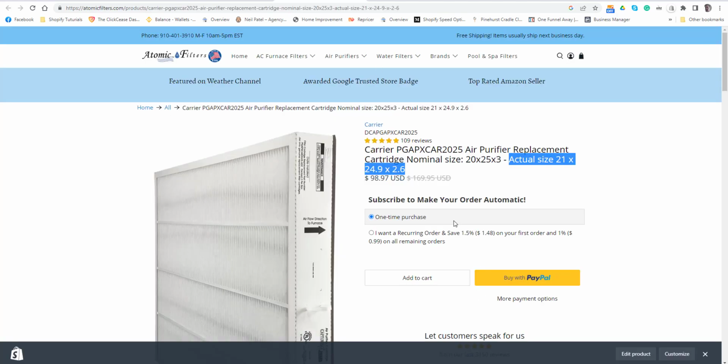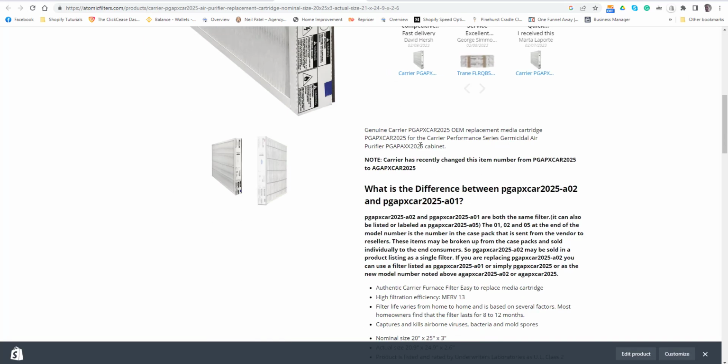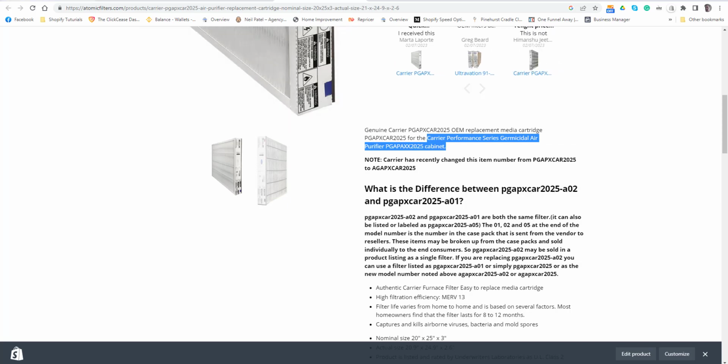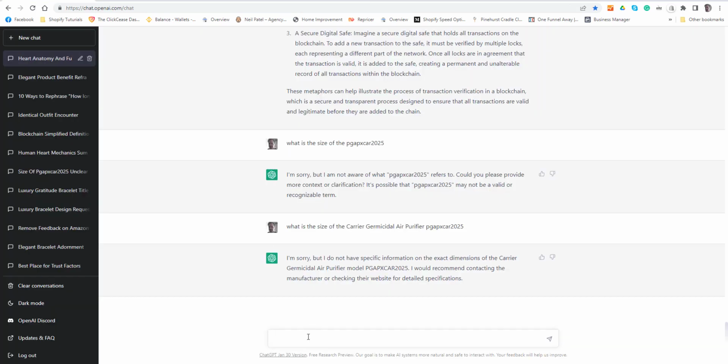So now if we ask the question a little differently, let's say Carrier Performance Series germicidal air purifier, and we give the cabinet number. And let's go ahead and re-ask this question and say, what is the replacement filter?